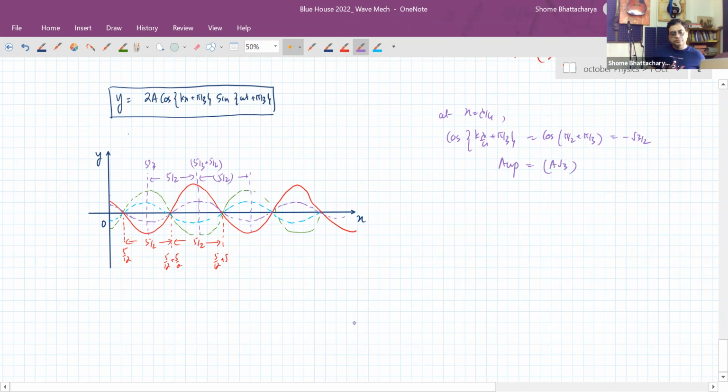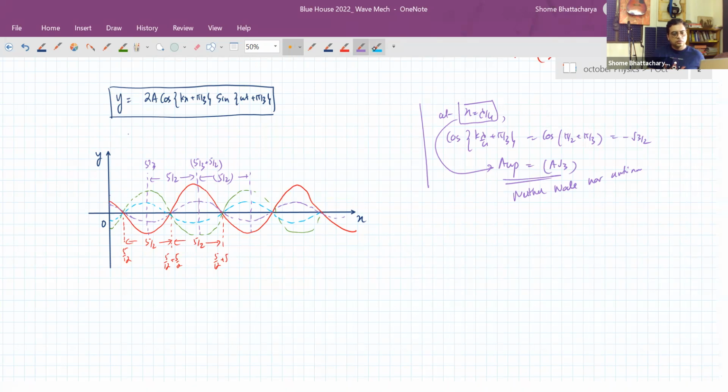You understanding? So that is why this point is neither node nor antinode, some in between point. Because you'll see that lambda by 4 is the point somewhere here. It's neither on a node nor on an antinode. So this point is clear, Jagannath.